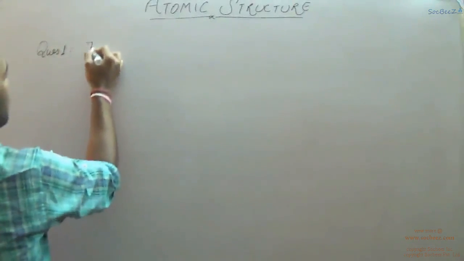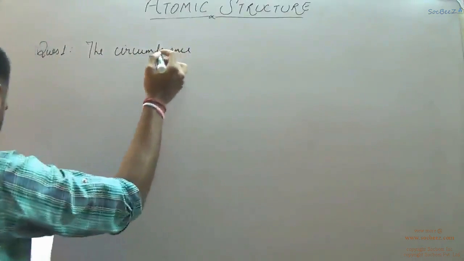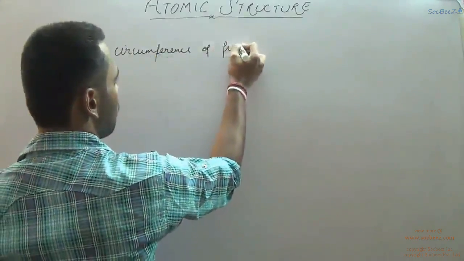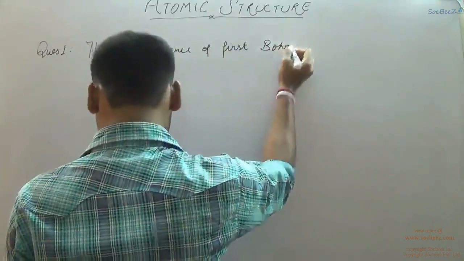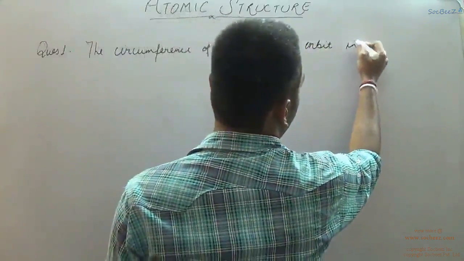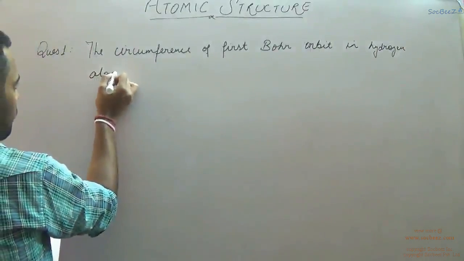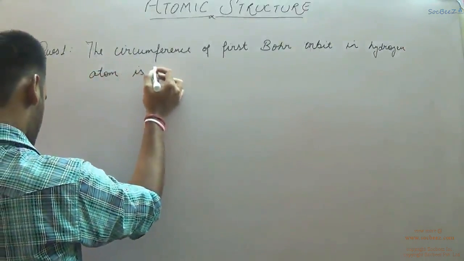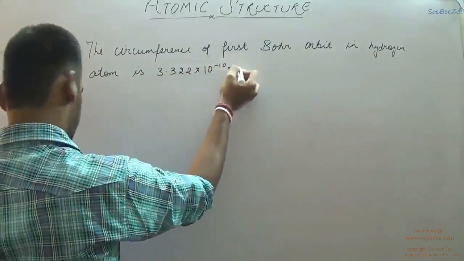Question number 1 says: the circumference of the first Bohr orbit in hydrogen atom is 3.322 into 10 raised to the power minus 10 meter.